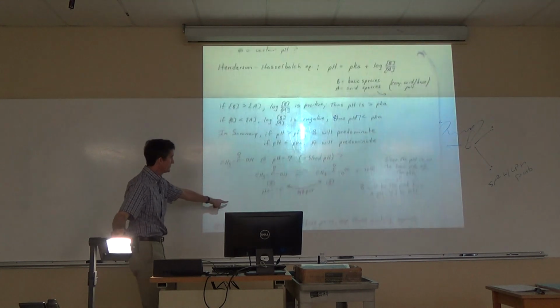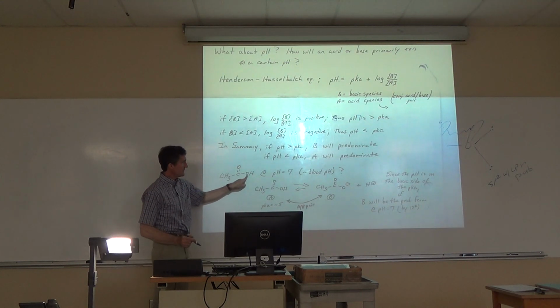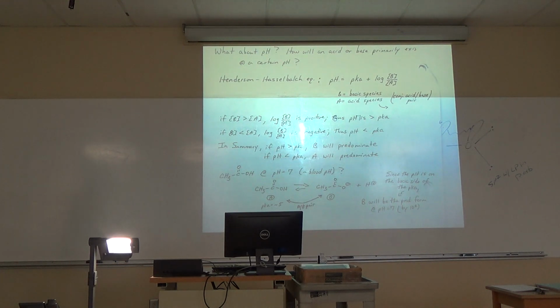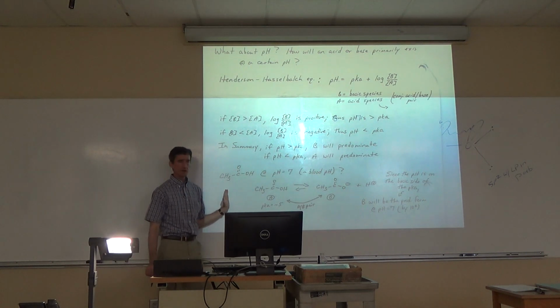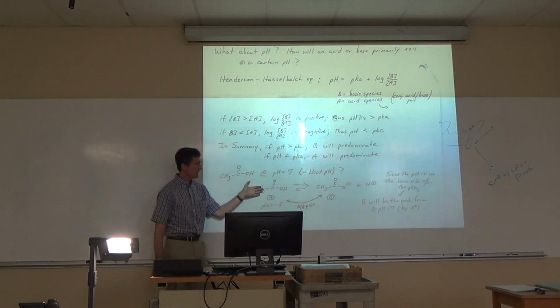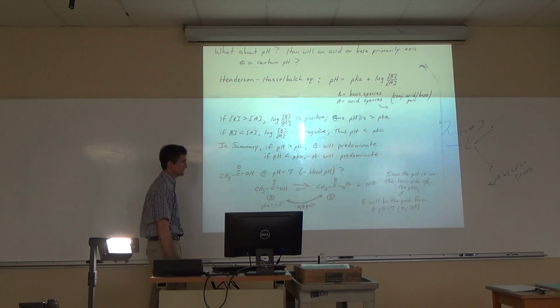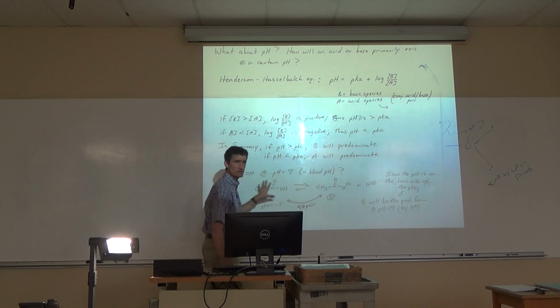Acetic acid. How will it exist at pH of 7, which is blood pH? First off, you got to know what equilibrium we're talking about. This is an acid. All right? It can exist ionized. Now, this is a simplistic ionization.